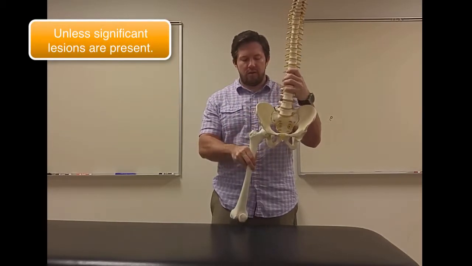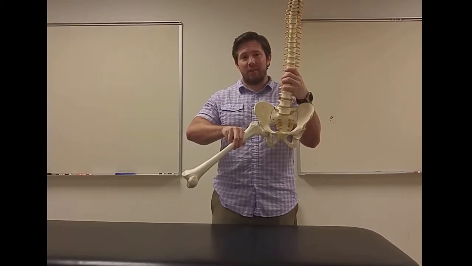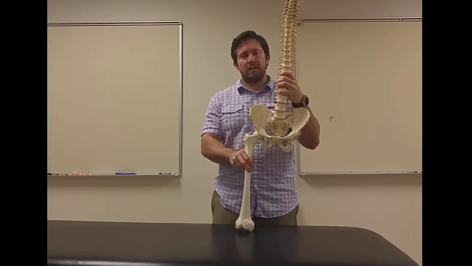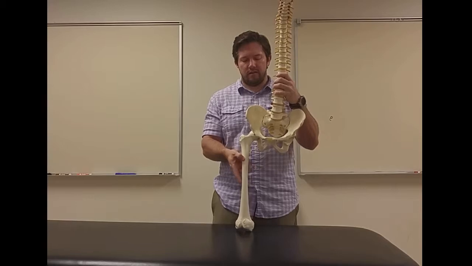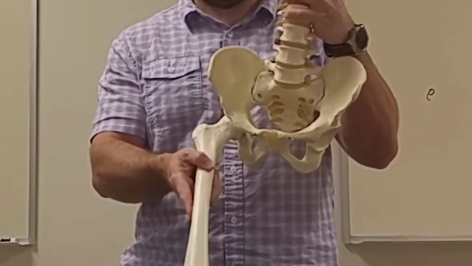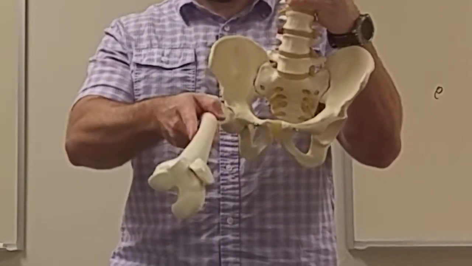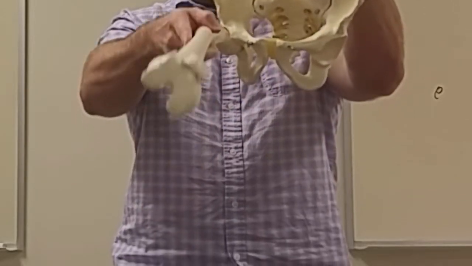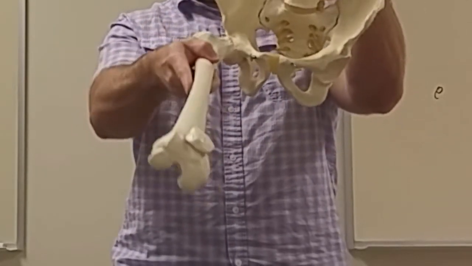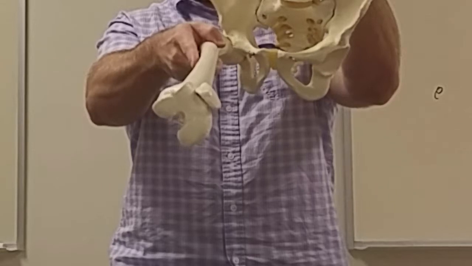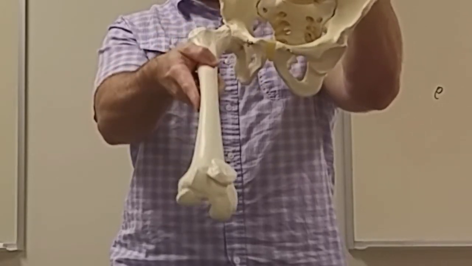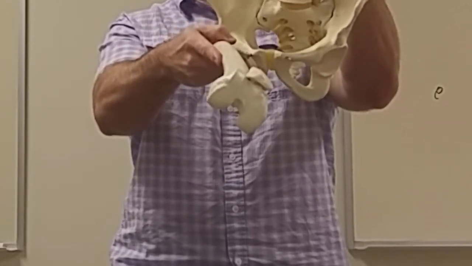If I go into a pure abduction, unless it's a significantly large cam lesion, you're probably also not going to run into issues. But where I run into issues is going to be any flexion where I also have internal rotation. And you'll see that that'll actually approximate into the area where a cam lesion and a pincer lesion would be. So that's where you end up getting your impingement.